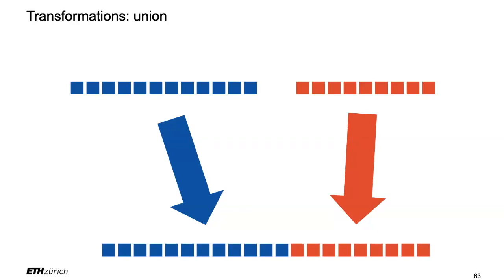The union of 2 RDDs is just the concatenation of the 2 RDDs. Don't be confused by the naming, because union would suggest that we're talking about sets, where you do the union, intersection, subtraction of 2 sets. But one important thing to know is that RDDs first allow duplicates, and second, they have an order. There is the first item, the second item, the 1000th item.